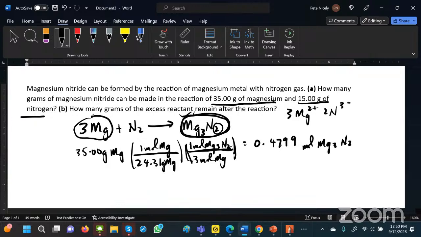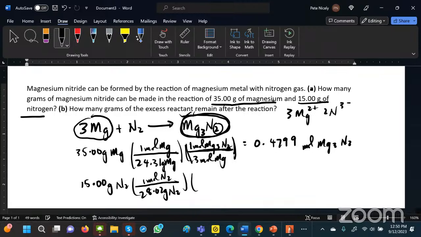And now we do something similar in the case of nitrogen. We're going to multiply this by, well, first we have to convert to moles. So you're going to have 1 mole of nitrogen above, and the molar mass of nitrogen is 2 times 14.01, so that will be 28.02 grams of nitrogen.